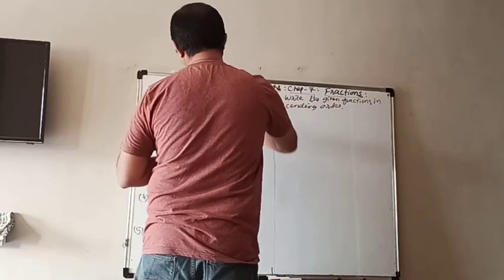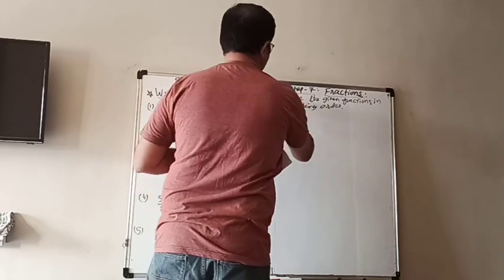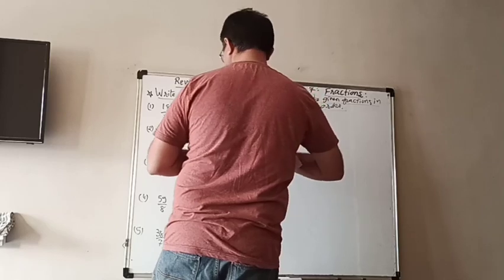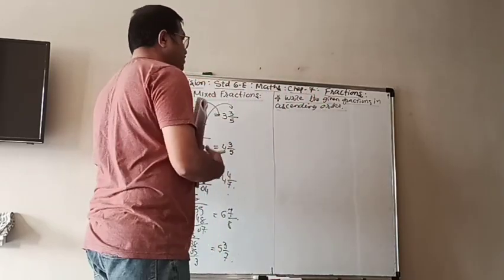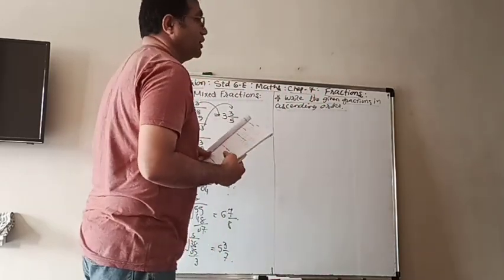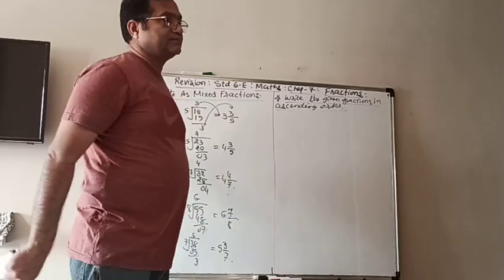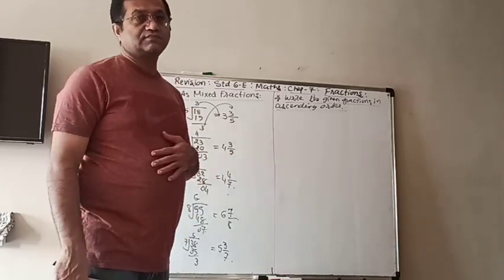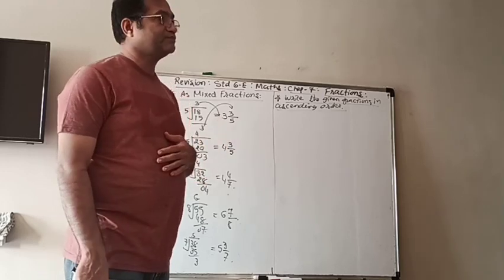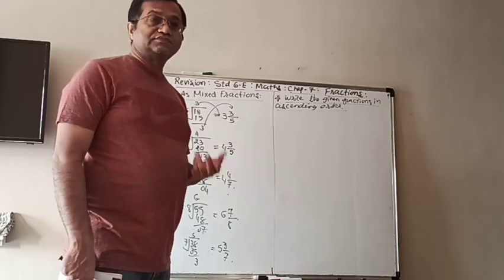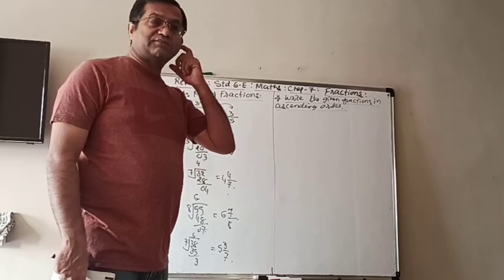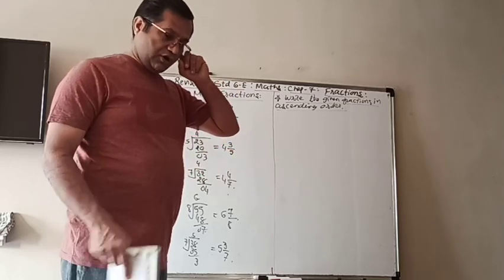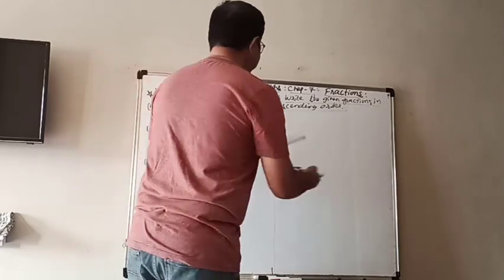Now we know that when you want to arrange them in ascending or descending order, it is only possible if they are like fractions, meaning having the same denominator, or they are unlike denominators but their numerators are equal. So first of all, see what set is given.